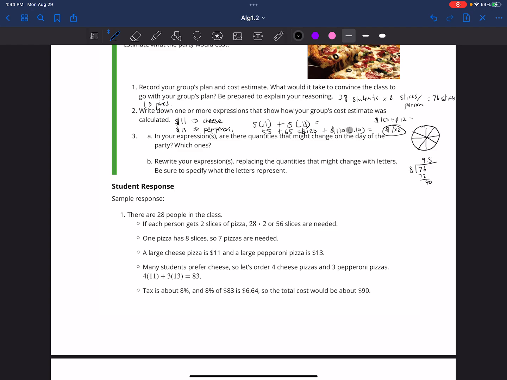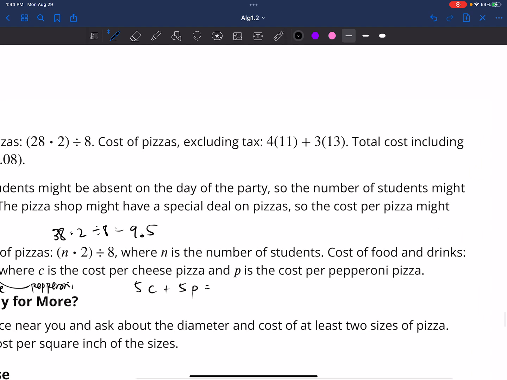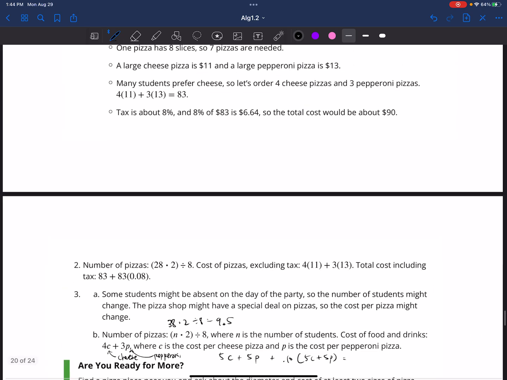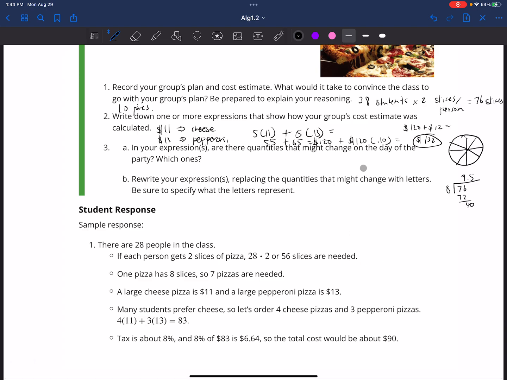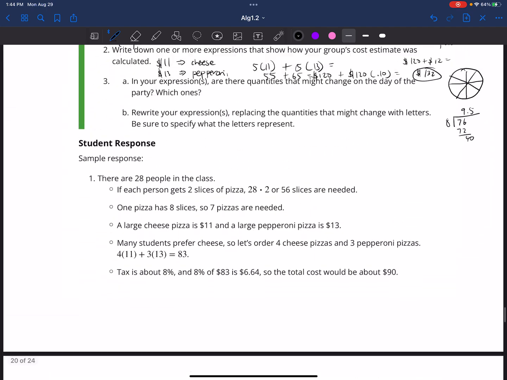And that is all going to equal, we said how much? 132, including the tax. So what we have to do is take the entire cost, 5C plus 5P, and then get the 10% of that cost, 0.10, and that entire thing will depend on how much the cheese and pepperoni cost, which we said was 11 and 13.